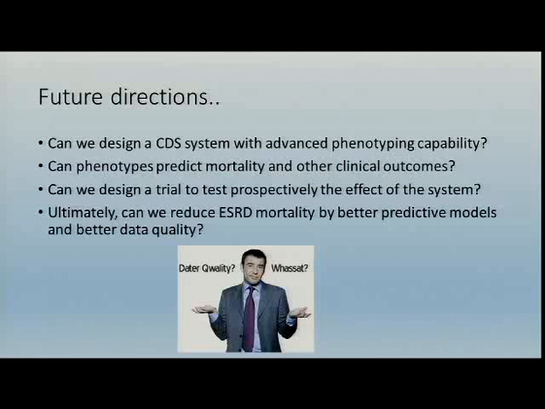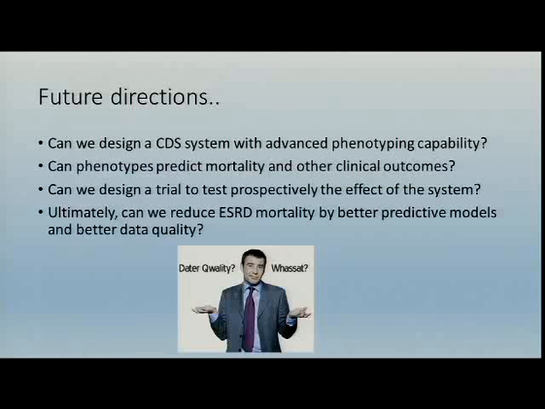And so the next step is, can we design a clinical decision support system with phenotyping ability? Based on this data that we just showed, there might be a very reasonable role for such a system. Can phenotyping predict mortality and other clinical outcomes? Certainly mortality is one of the big ones. We just talked about the ESRD mortality and cost issues with the data; clinical decision support with phenotyping may fit in just nicely for that sort of research goal.